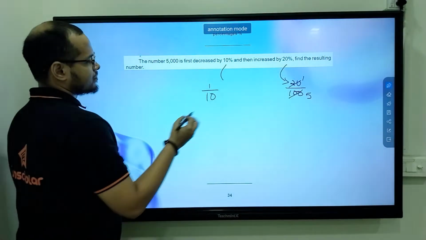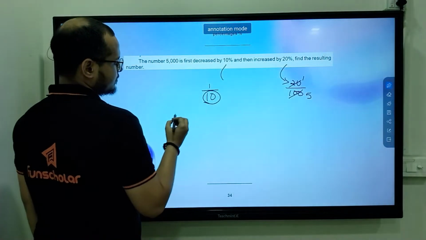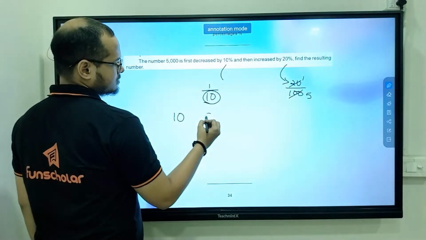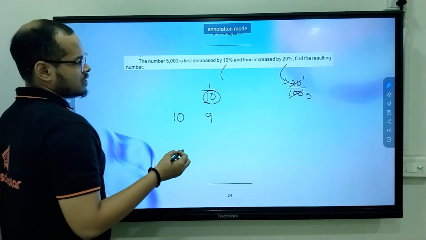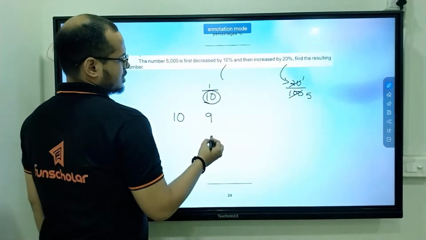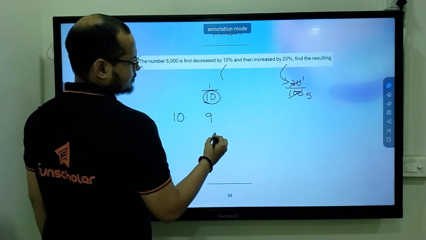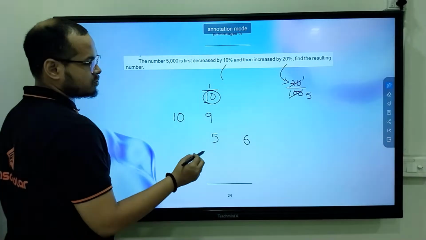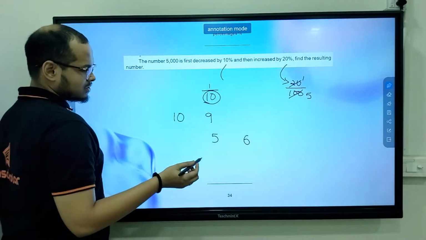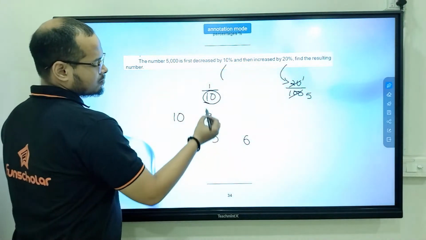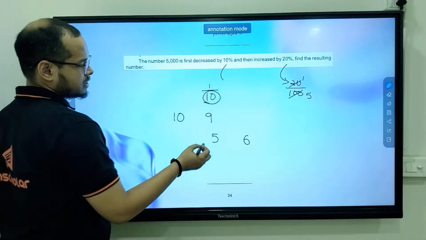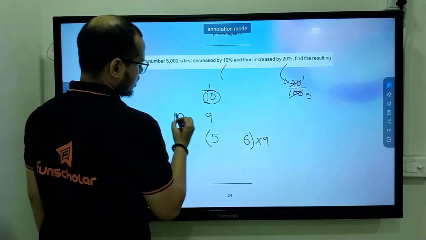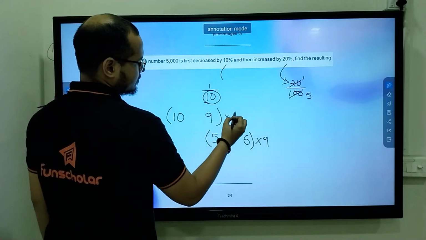So first decreased, from number 10 it reduces by 1 and becomes 9. Now in the second case, from 5 it increases by 1 to 6, but we have to make sure that the second-year price is the same on both sides. So I'm multiplying the lower one with 9 and the upper one with 5.